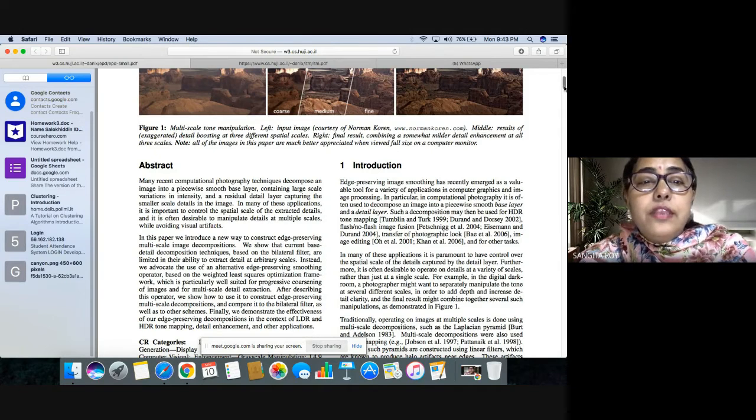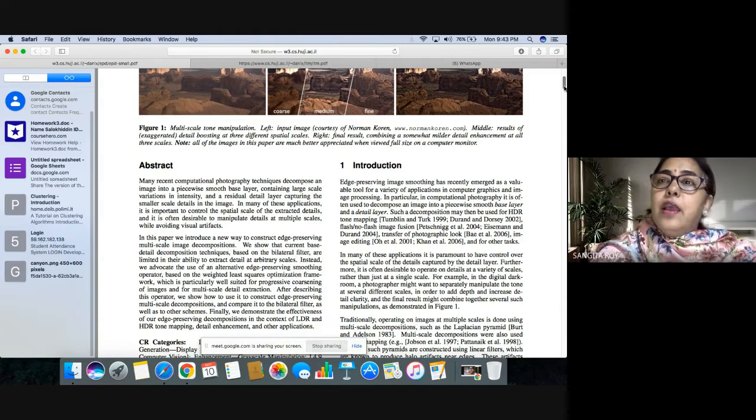After describing this operator, we show how to use it to construct edge-preserving multiscale decomposition and compare it to the bilateral filter as well as other schemes. Finally, we demonstrate the effectiveness of our edge-preserving decomposition in the context of LDR and HDR tone mapping, detail enhancement, and other applications.